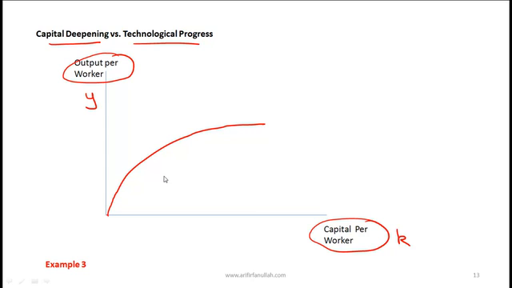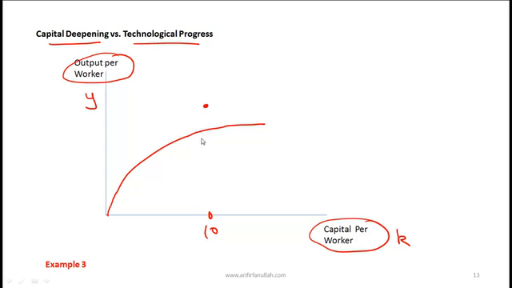What about the impact of technology? If you can improve technology, then with the same level of input, so with the same capital per labor, let's say we have 10 units of capital per labor, then you can actually have more output.